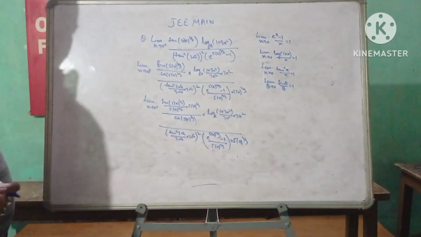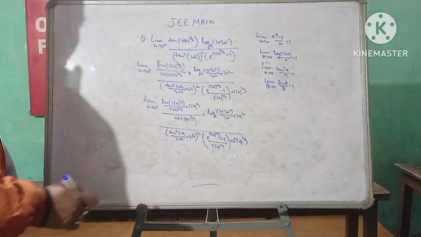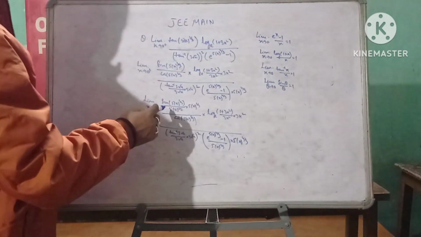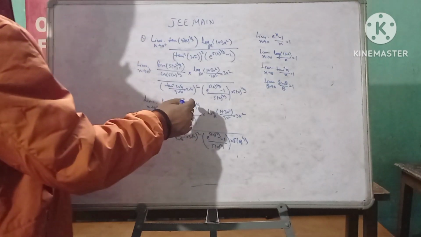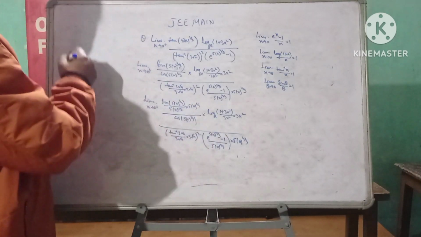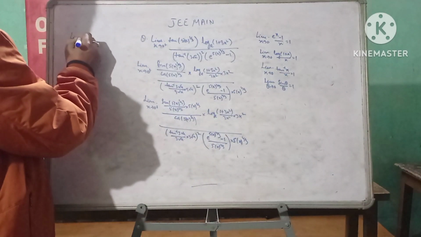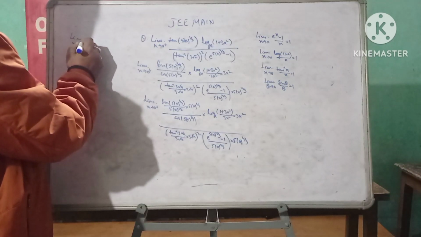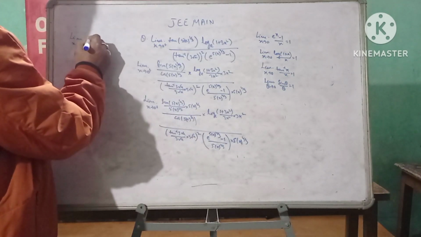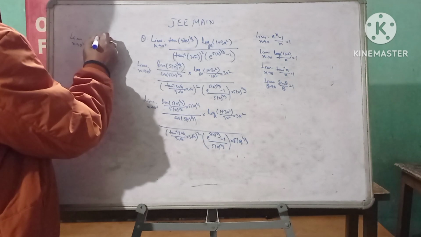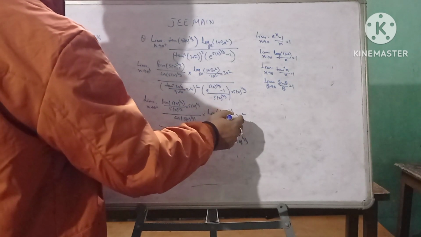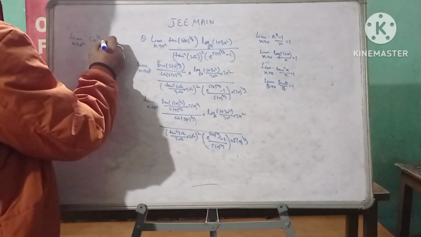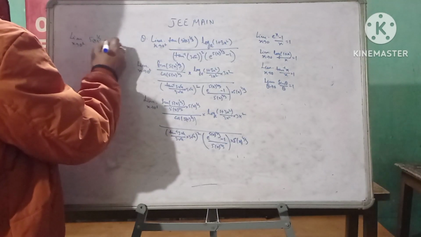So here you see that these four formulas are used, so this becomes 1, and you are left with this limit x tends to 0 plus, 5x to the power of 1 by 3, and here this is 1, so you are left with into 3x square.